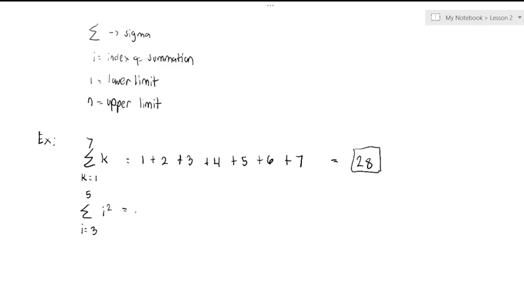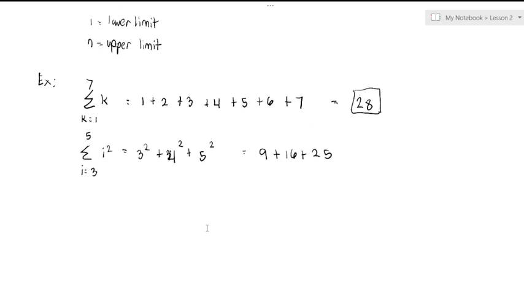So, this is 3 squared plus 4 squared plus 5 squared. So, dito nagsimula sa 3 up to the upper limit 5. Or 9 plus 16 plus 25. So, that's how we expand the summation notation.